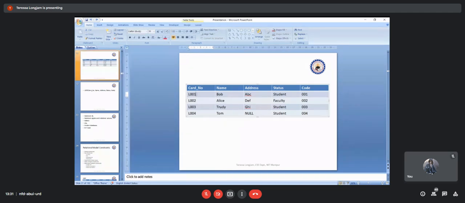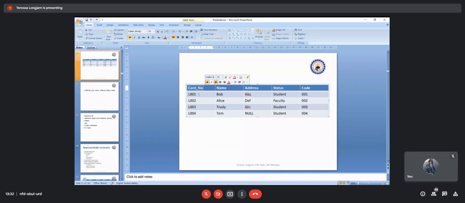It should be an atomic value. Atomic value means it can't be multi-valued and it can't be a composite value. It means whatever attribute we have in a relational model, like this card number, it cannot be a multi-valued attribute and it cannot be a composite attribute.